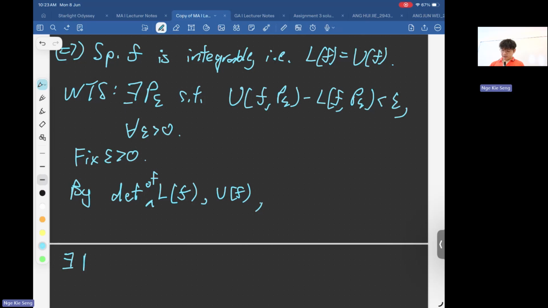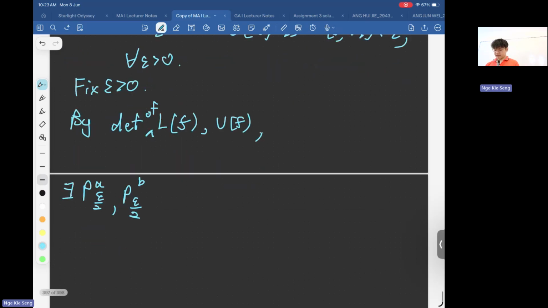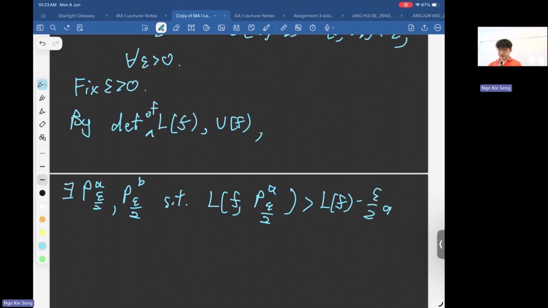We can find P_A epsilon over 2 and P_B epsilon over 2 for the two different ones, UF and LF, such that LF(P_A epsilon over 2) is greater than LF minus epsilon over 2, and UF(P_B epsilon over 2) is less than UF plus epsilon over 2.